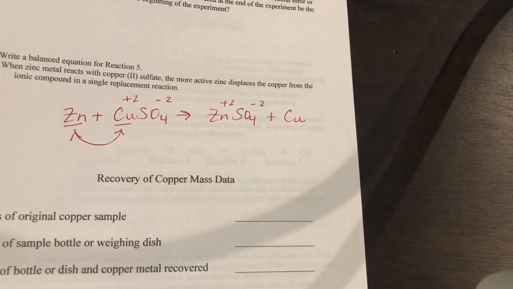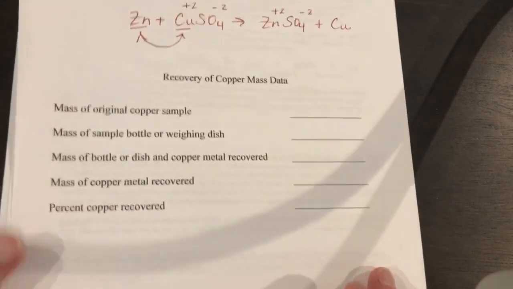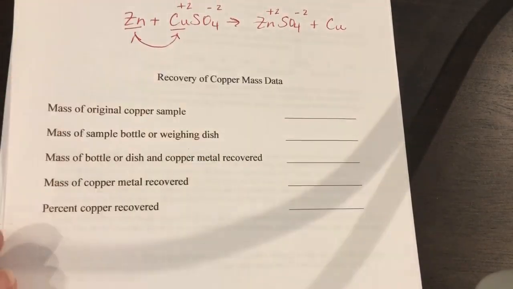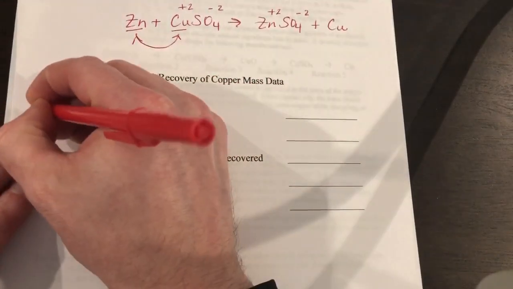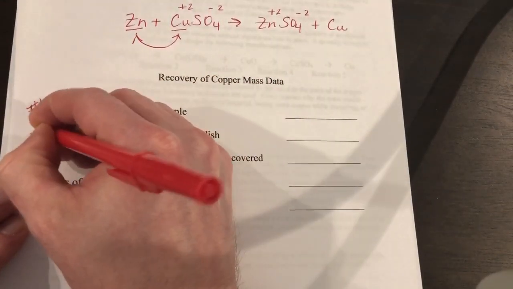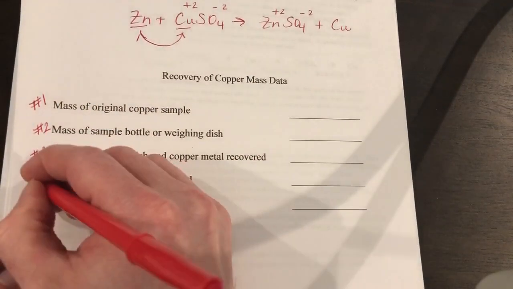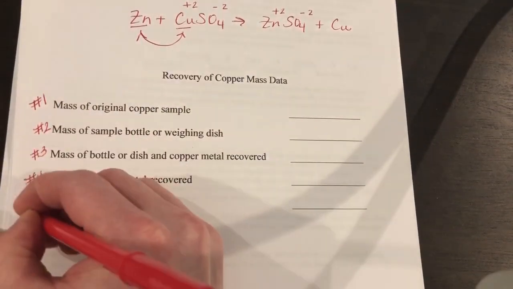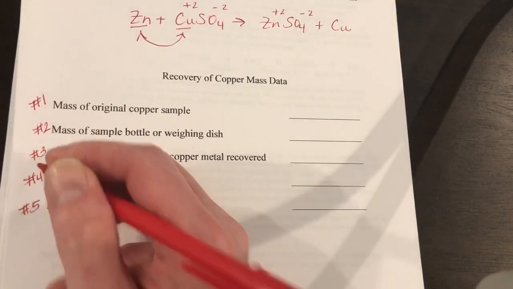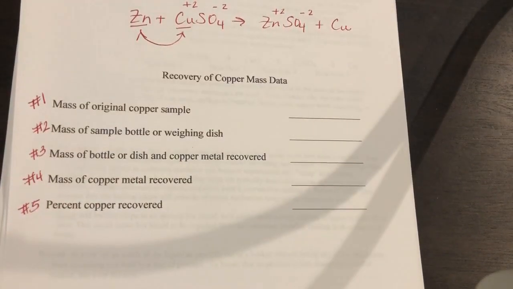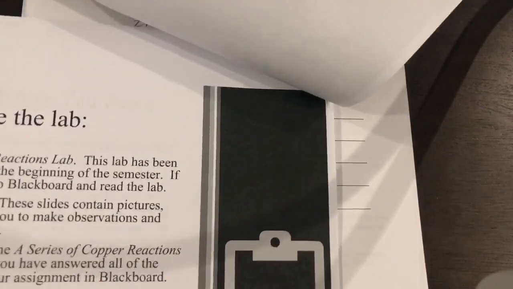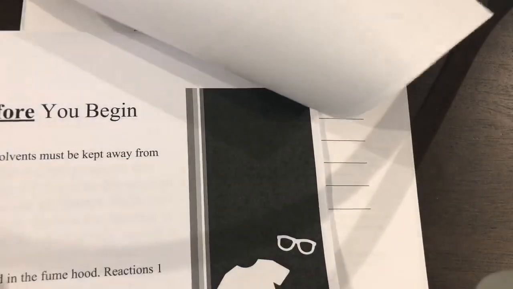Okay, just FYI, when we're doing the recovery of the copper mass, we're going to label this number 1, number 2, number 3, number 4, and number 5. So, like I said before, let's just go through this.